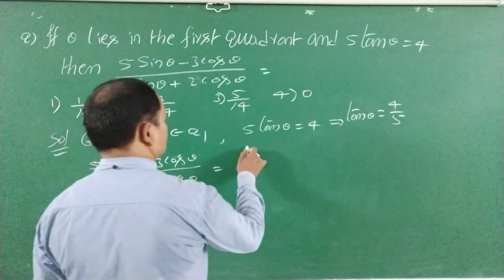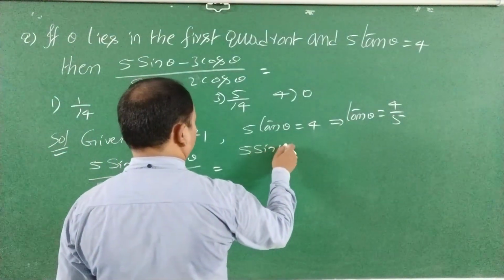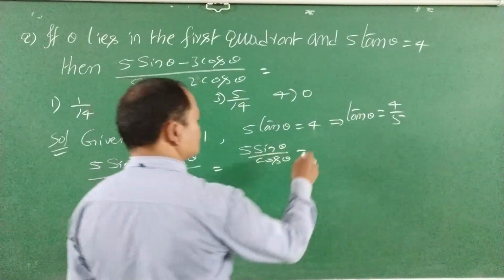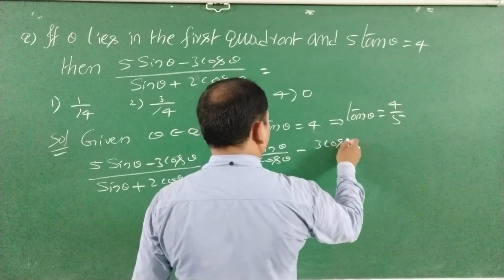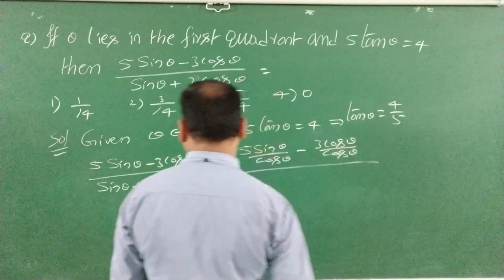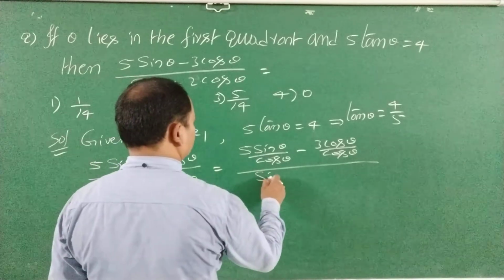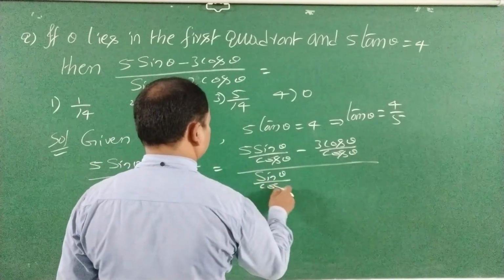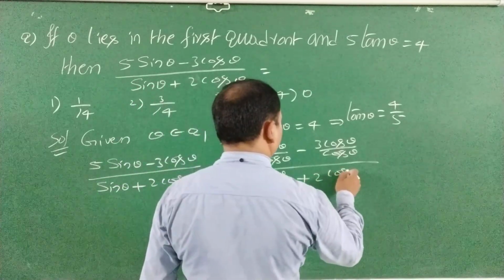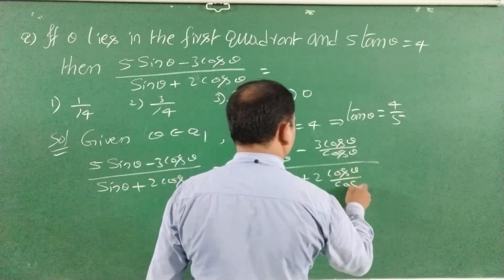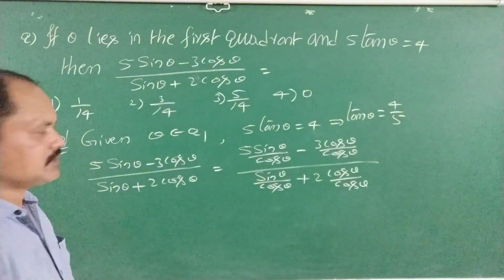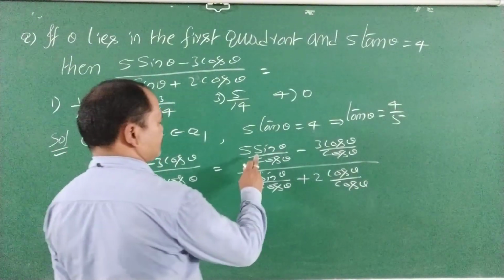That is 5 sin theta by cos theta minus 3 cos theta by cos theta, by sin theta by cos theta plus 2 times cos theta by cos theta.